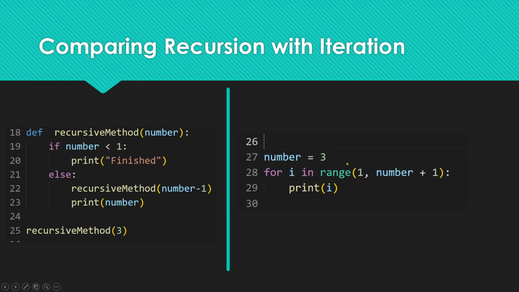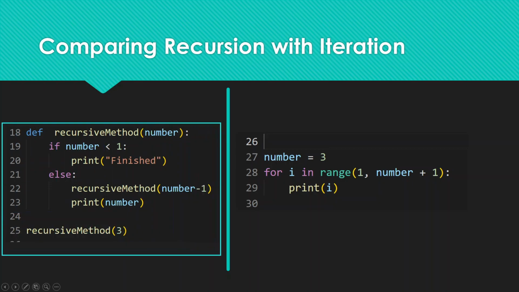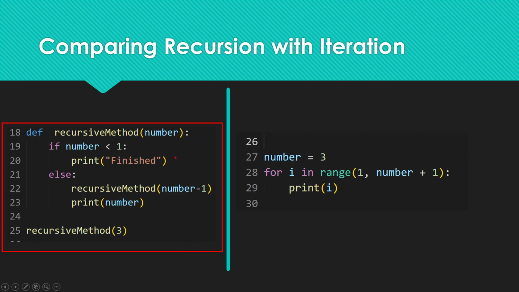The example I've used here is not so good because these two are doing the same thing, but the iteration has fewer lines of code. But actually, in more complex situations, recursion is able to give solutions with very few lines of code. If you try to implement that with iteration, it becomes very vast.